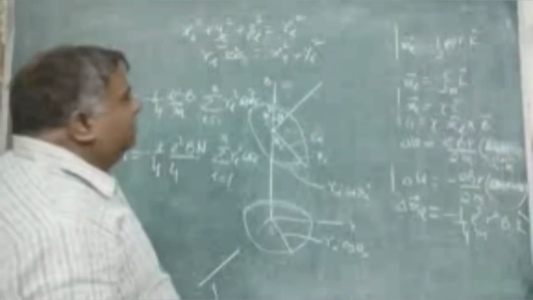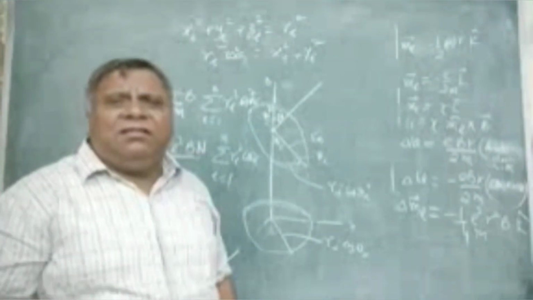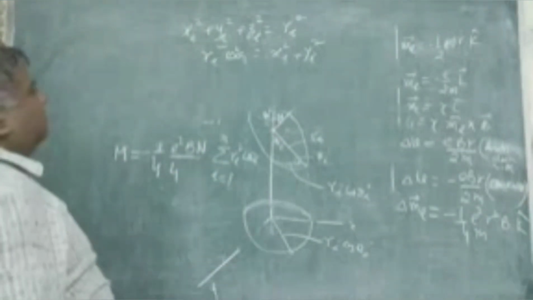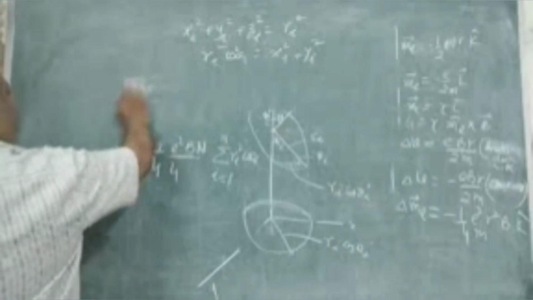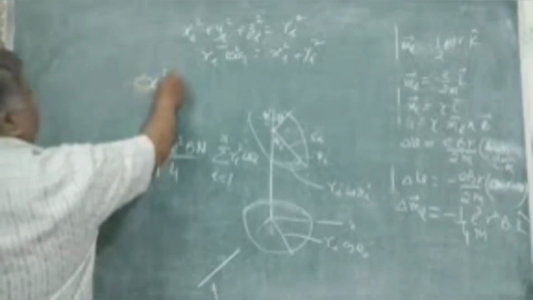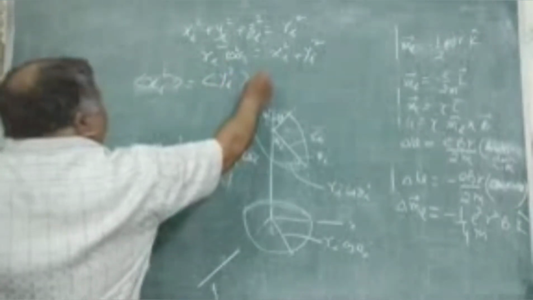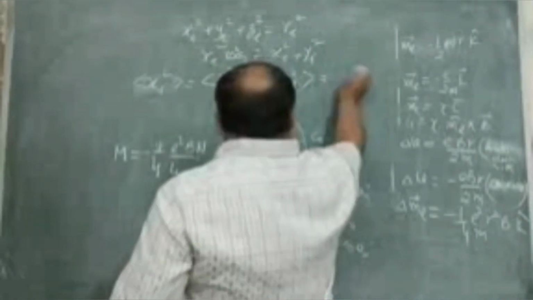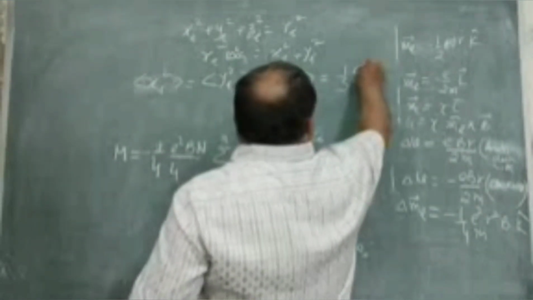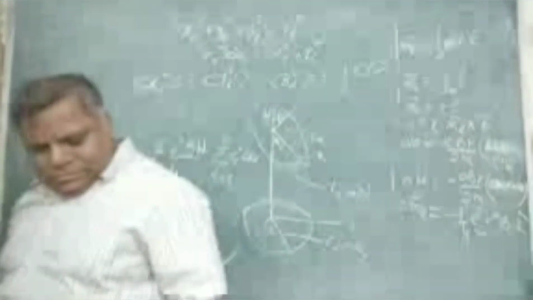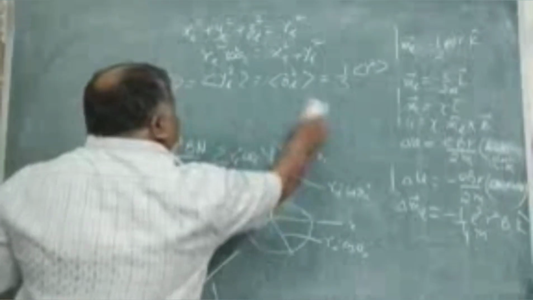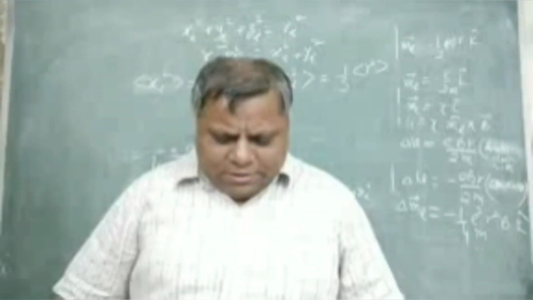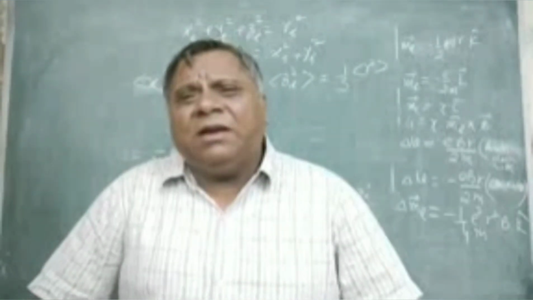Now, suppose the atom is spherically symmetric, then the average value of xi square, average value of yi square, all are equal and equal to 1 upon 3 Ri square, the average radius of the orbit. You may take it as the radius of the atom.